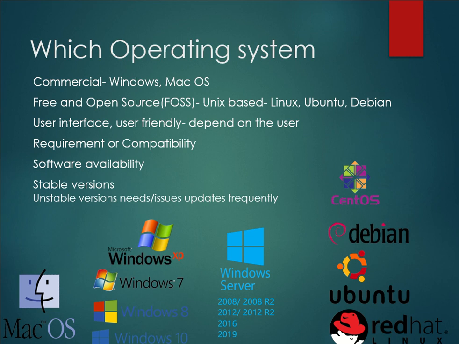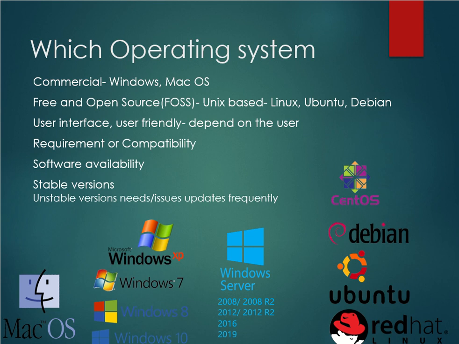These are the categories. First one is commercial, free and open source, and these are considering our requirement. And user interface, and requirement or compatibility, software availability, and stability.